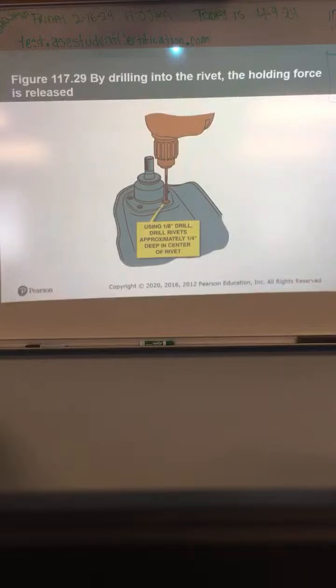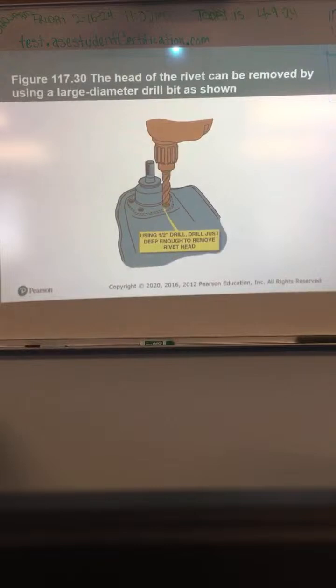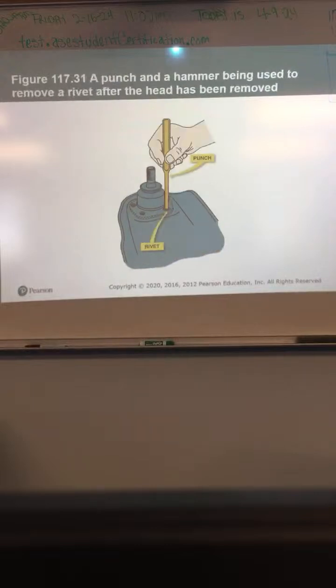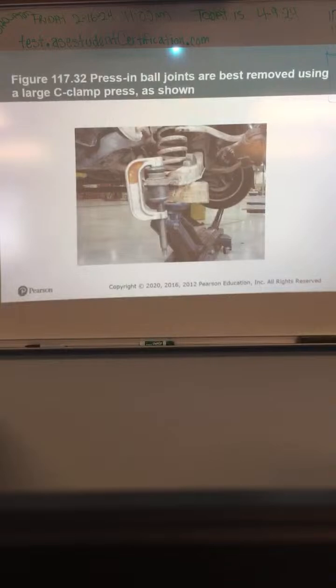I don't see this very often, but sometimes in order to get the struts off of a car, they didn't bolt them on, they riveted them to the body. You would have to drill the rivets out, take a drill and then a punch and knock the rivets out, and then you would just put bolts back in and put it back together. This is just a ball joint press, if you had the press-in ball joints like that. Just a big C-clamp.